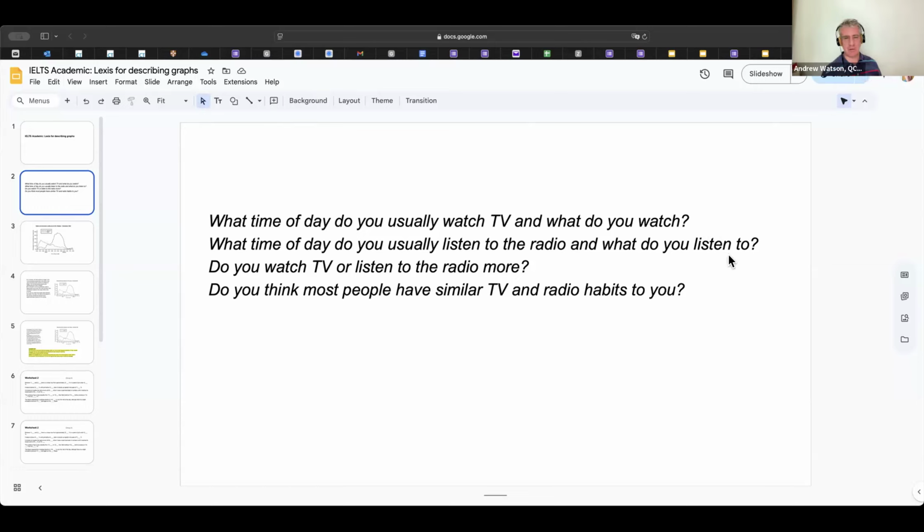All right, let's ask about radio. How about Bernardo? What time of day do you usually listen to the radio and what do you listen to? Well, I usually listen to the radio when I have nothing to do at work. There are moments in the day where I don't have a lot of work, where I don't have students. It's not really the radio, but I usually listen to podcasts on Spotify, which are usually taken from the radio, but I don't really own a radio.